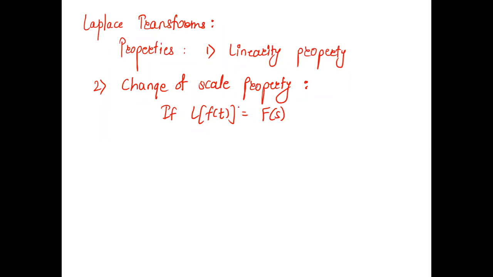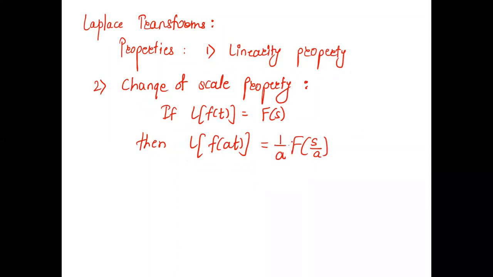So if this is so, then Laplace transform of f of at, if we replace t by at, that is wherever is t, if we multiply it by a everywhere, then the property says wherever is s on this side, it will be s by a, and the whole thing will be multiplied by 1 by a.